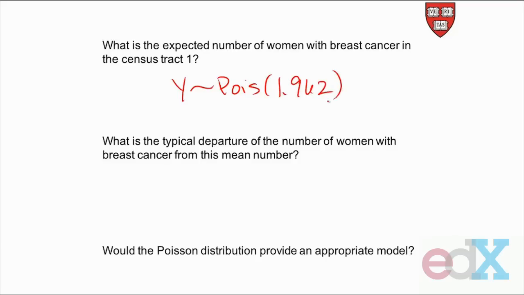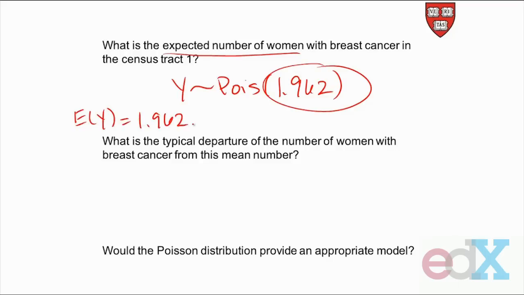What is the expected number of women with breast cancer in the census tract? We know that based on the Poisson distribution the expected number is just equal to the mean. So the expected value of y is equal to 1.962. The next question asks, what is the typical departure of the number of women with breast cancer from this mean number? That's asking, what's the standard deviation of y?